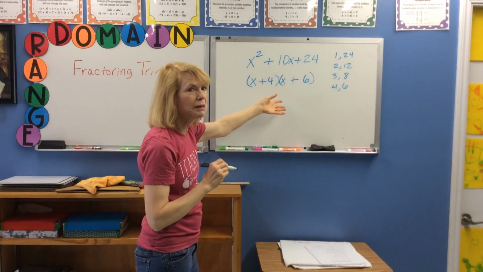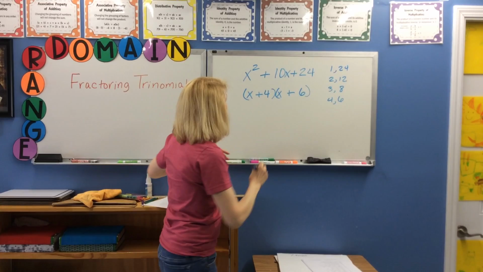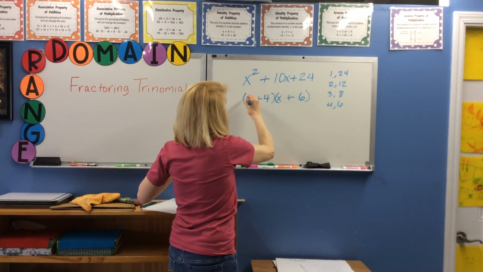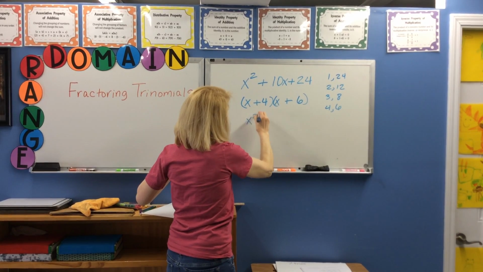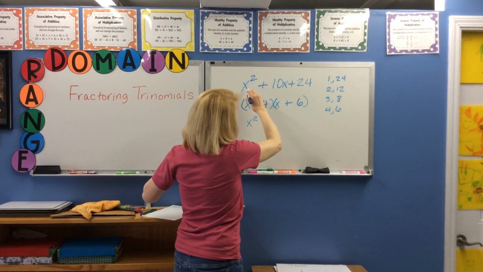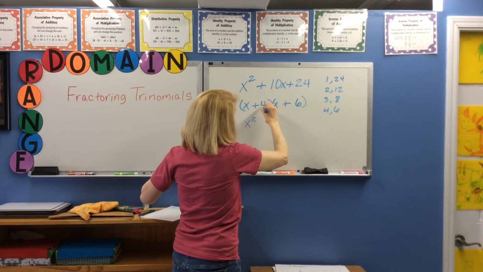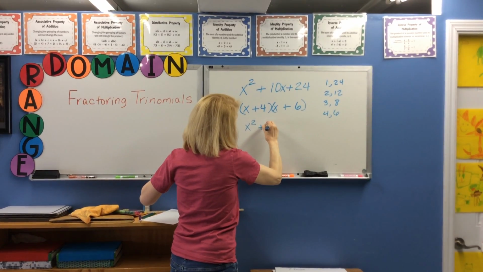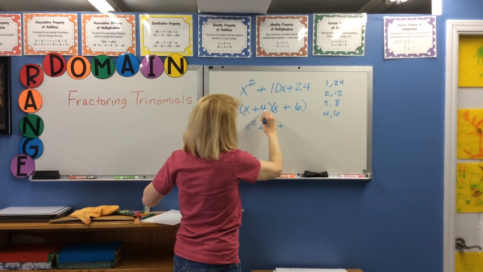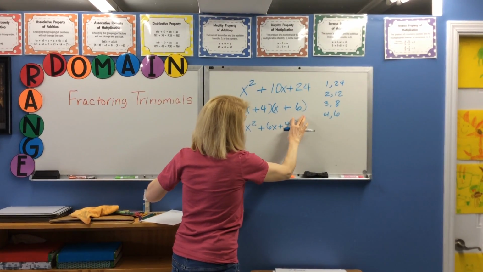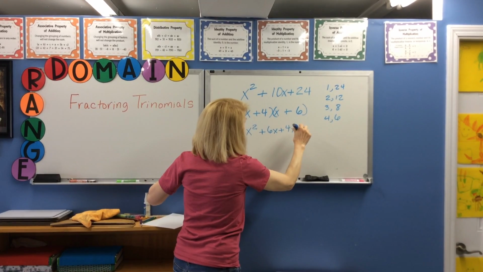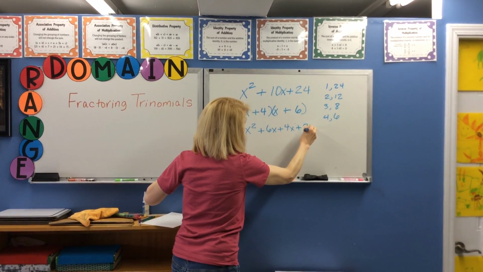And if we multiply this to check our work, sure enough we get first, x squared, outer, x times 6 plus 6x plus inner 4x plus 4 times 6 is 24.